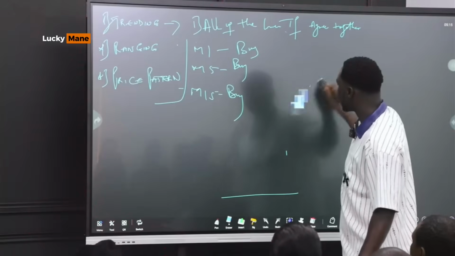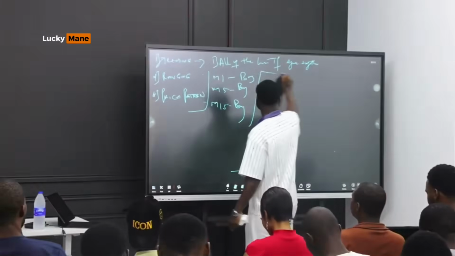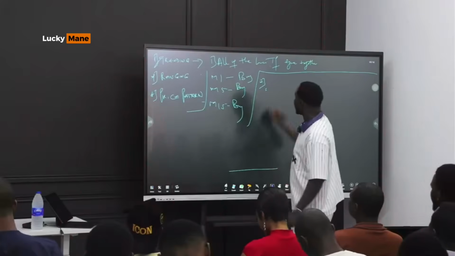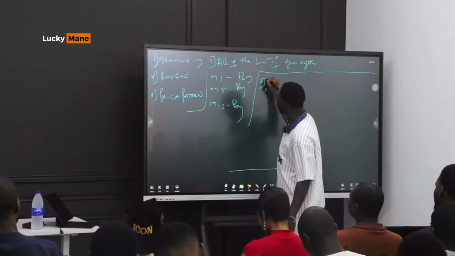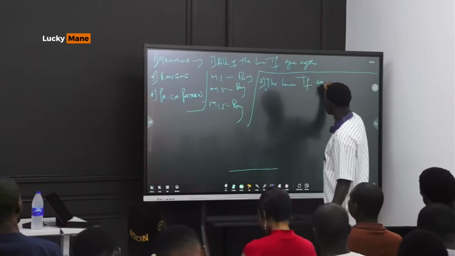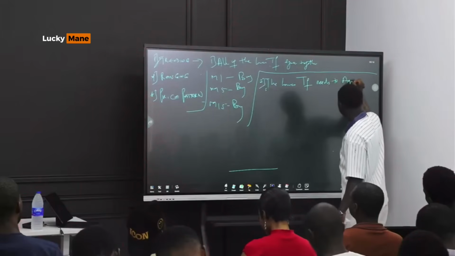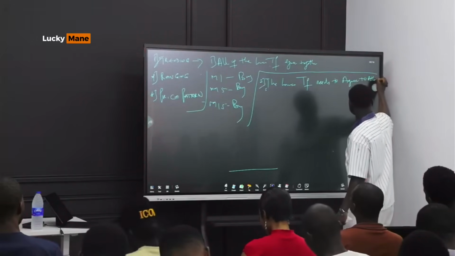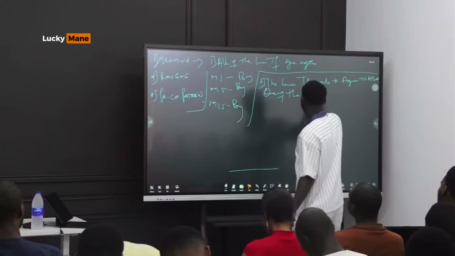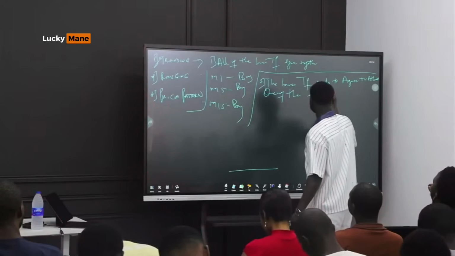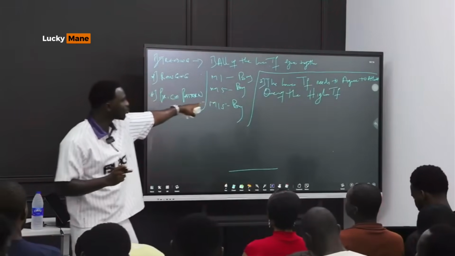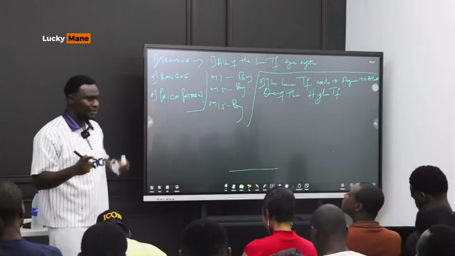Now, the second rule of the accordance says that the lower time frame needs to agree with at least one of the higher time frames.